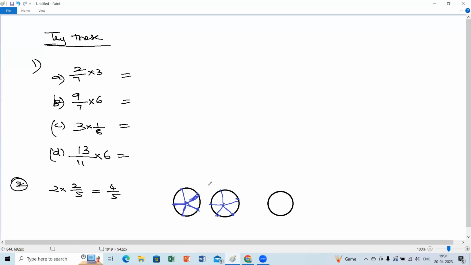You have to mark 2 out of 5, and 2 out of 5 like that 2 times.